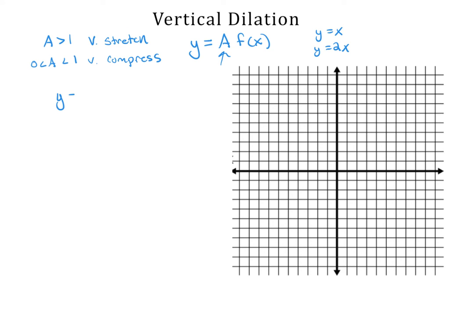Let's start with doing the parent function of the greatest integer function here. So I like to start by putting all my dots. And then we can do the horizontal parts and the open circles.